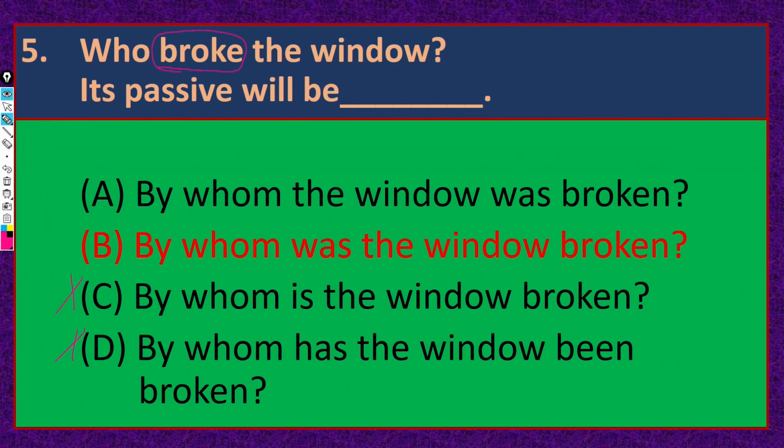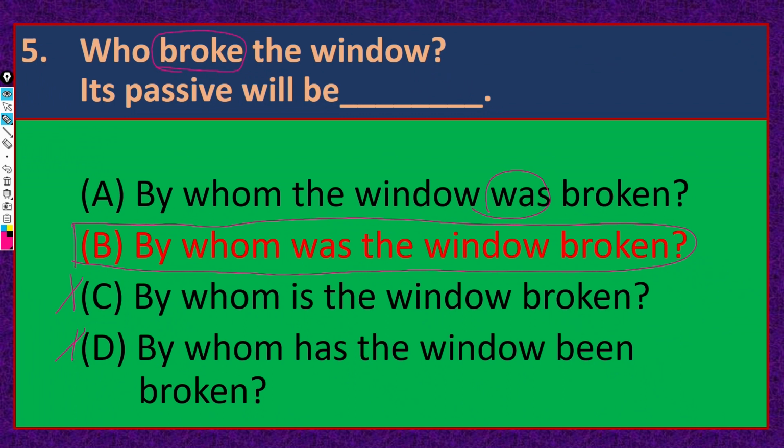Now, we have two options, by whom the window was broken, and this is a question, that is why was should not be used here, and you see was is used before the window, that is why option B is the right answer. This is how you can find out the answer. So, by whom was the window broken, right.